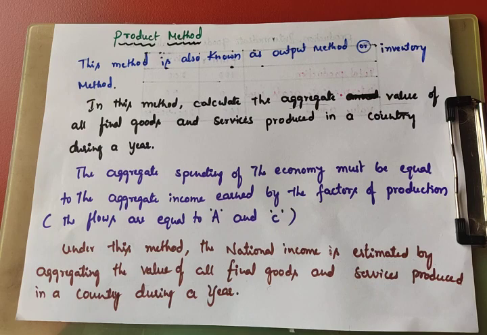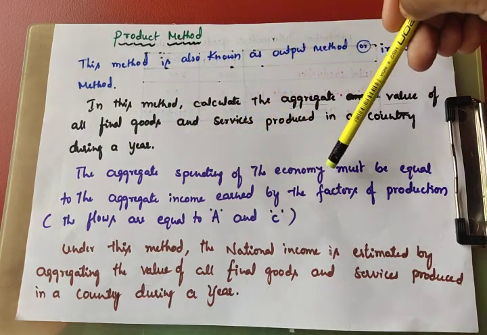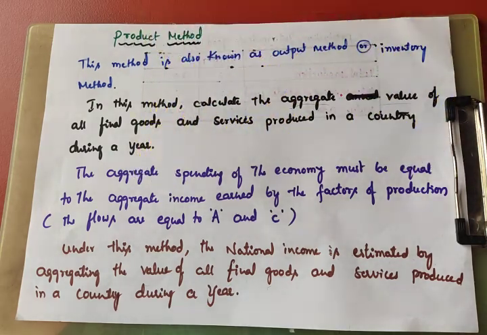That means expenditure should equal income. Don't forget, how much the firms are spending, that much only the households are receiving as income in the form of rent, wages, interest, profit. This is very important.